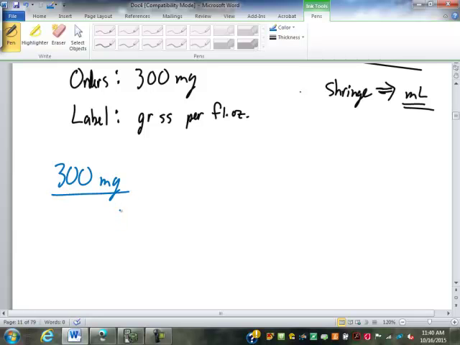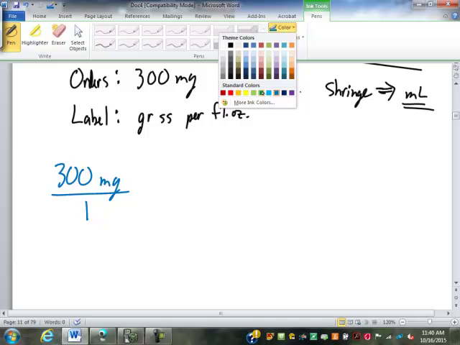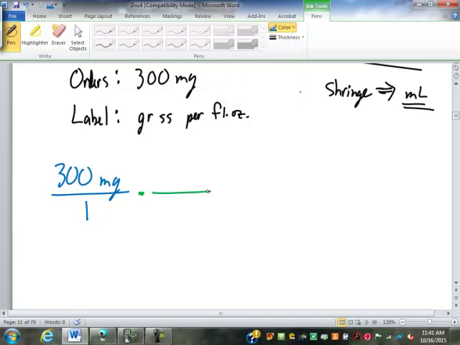So we start out with the doctor's orders, 300 milligrams. That will be over 1. Well, we have milligrams, so that's what we're going to get rid of. So milligrams on bottom. But we don't have any conversions. The label doesn't mention milligrams, so we have to get something mentioned on the label.